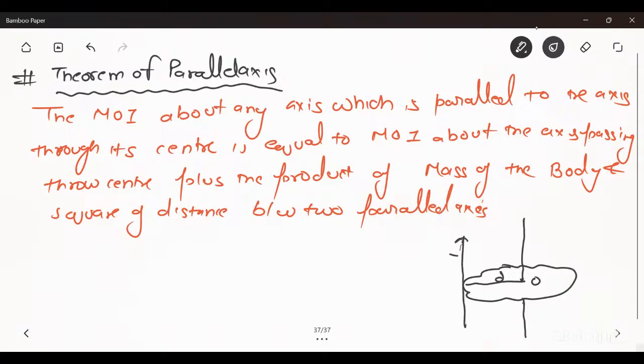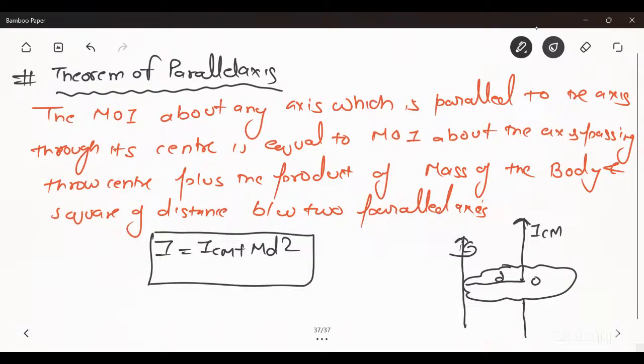So the moment of inertia of that body is equal to the moment of inertia of the line which passes through the center of mass plus the mass and the square of the distance between them. That means I is equal to I CM plus M D square, which is the theorem of parallel axis. Okay, so that was the theorem of perpendicular axis and the theorem of parallel axis.